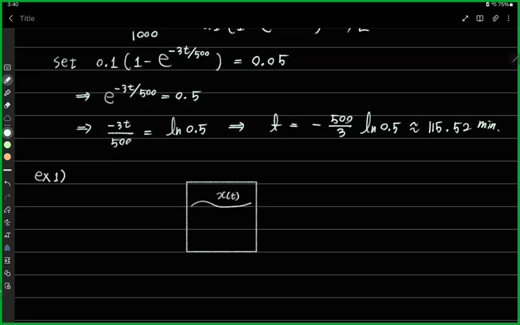Initially there are 1,000 liters in the tank. Let's say it comes in at A liters per minute, and this goes out at B liters per minute.